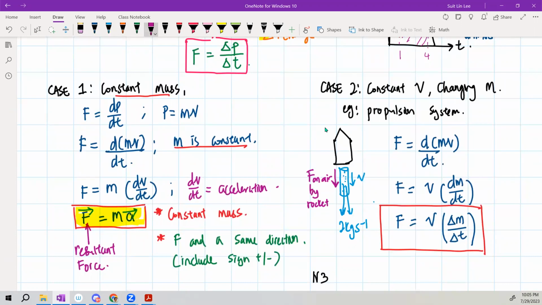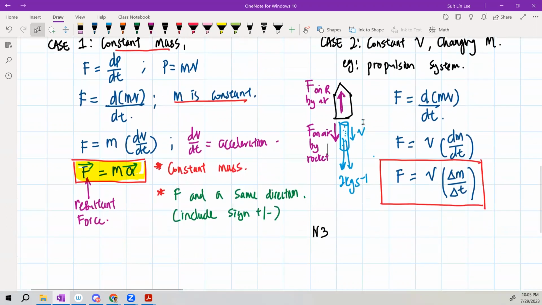So if the rocket pushes the air downward, the air will then say, hi rocket, I'm happy to push you upward. So this force will be the force on rocket, R for rocket, by air. So these two forces are your Newton's third law pair.